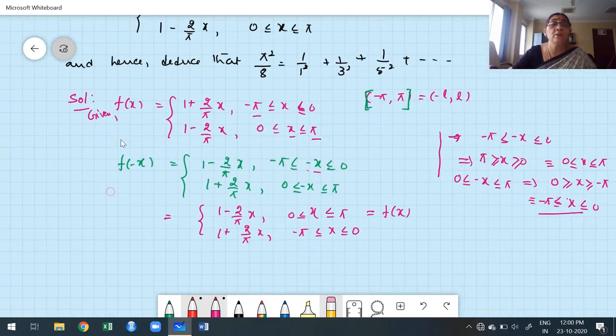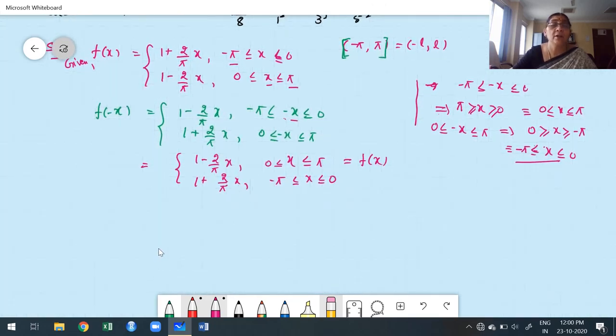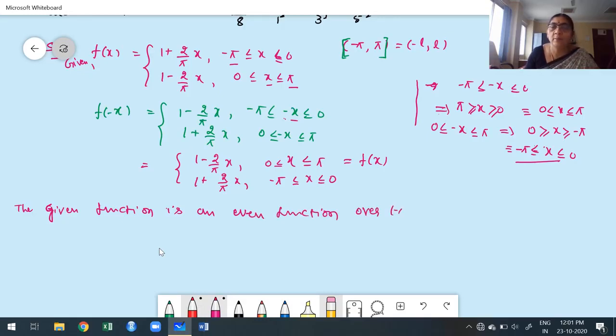For an even function, bn is 0. Only one value is zero, bn is 0. Now I have to write the given function. The given function is an even function over the interval minus pi to plus pi, and bn is equal to 0.